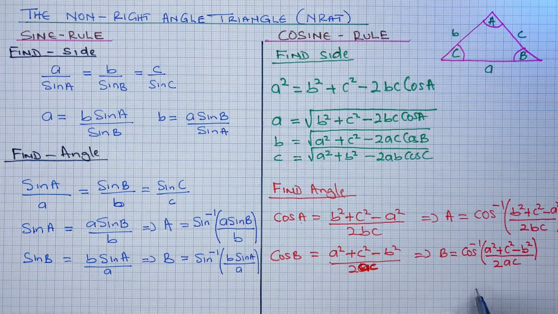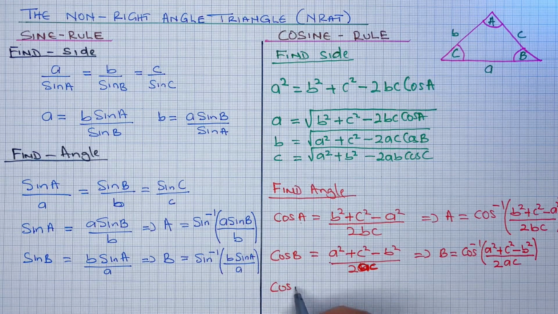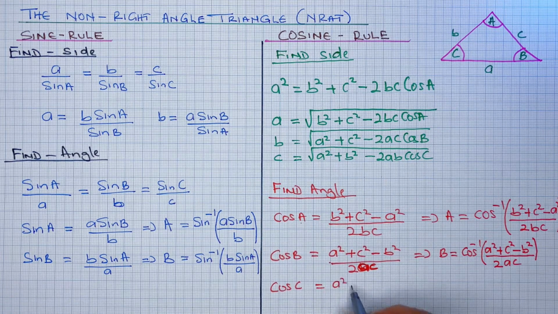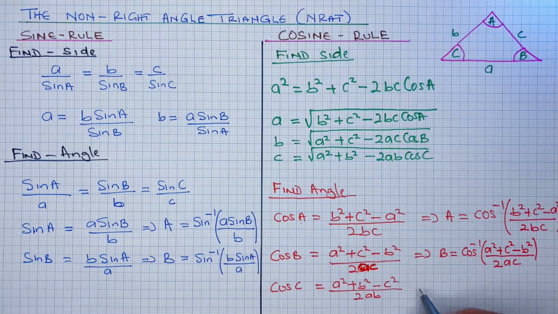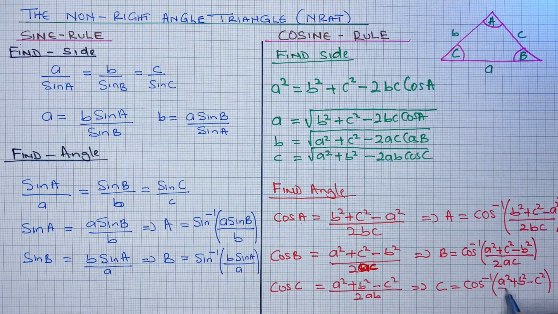But if you're going to find C, so cos C will be a squared plus b squared minus c squared over 2ab, and that implies that C equals cos to the power minus 1, open bracket, a squared plus b squared minus c squared over 2ab.